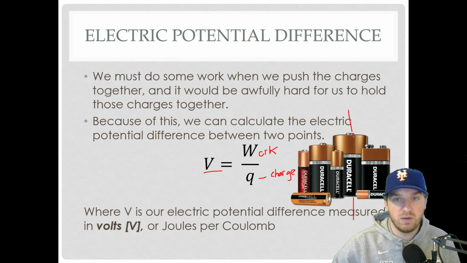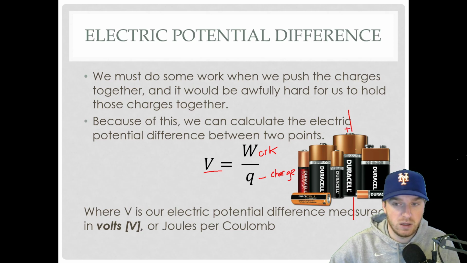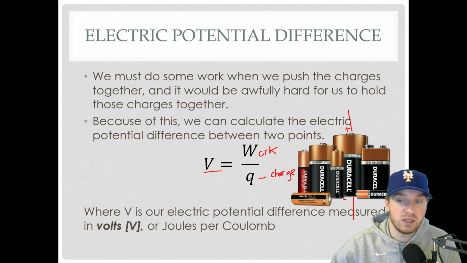We'll talk about what conventional current is next week, but essentially we have a positive side and a negative side, and the electrons want to flow through the circuit because of this electrical potential difference. They want to flow from the negative to the positive.